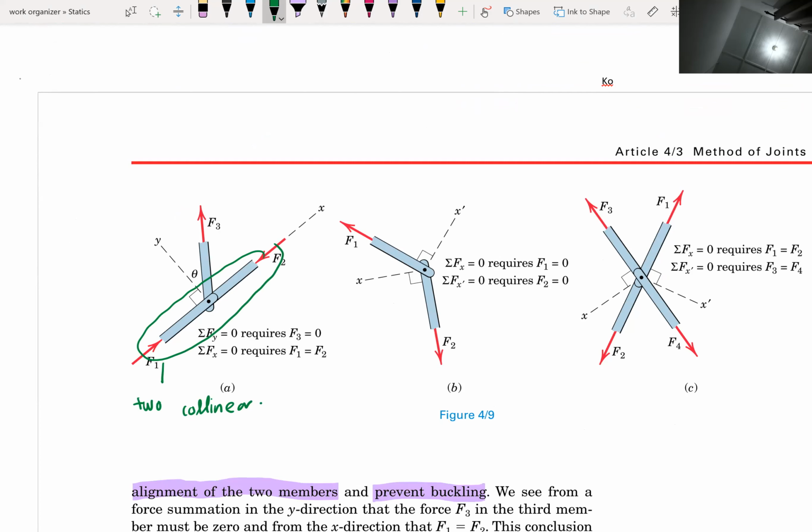For summation of forces in the y-axis to be equal to 0, F3 must be equal to 0. And then for summation of Fx equal to 0, F1 should be equal to F2.